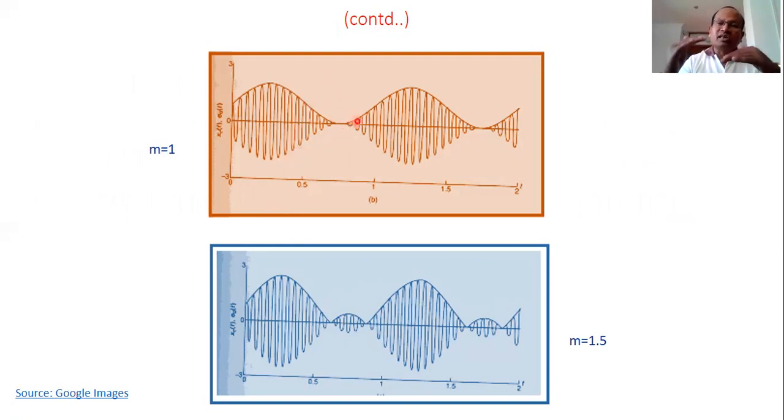They are just touching. Both the side spectral components, positive and negative side of carrier waveforms are just touching the x-axis, but they are not interfering. Where? When m equal to 1. So therefore, it is recommended that 100% is also not good.